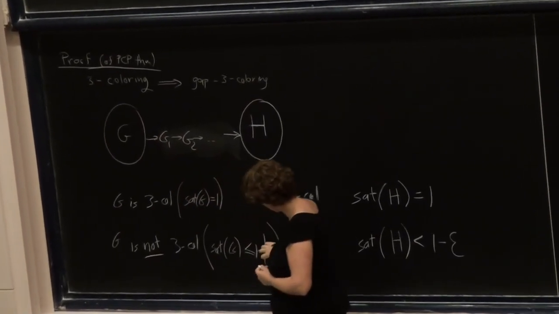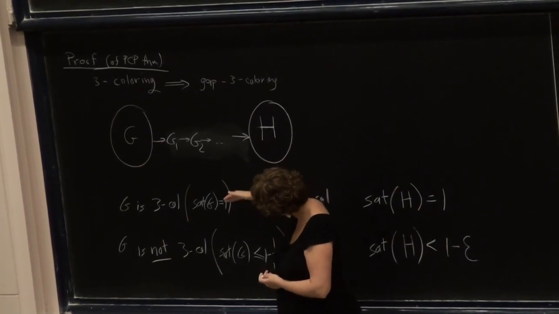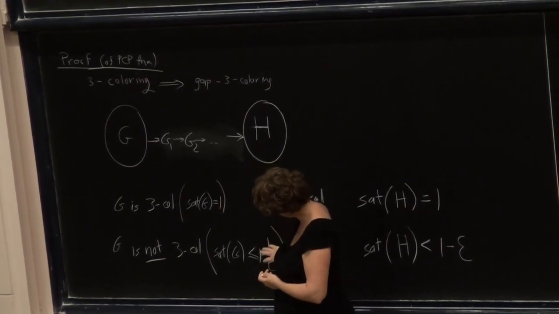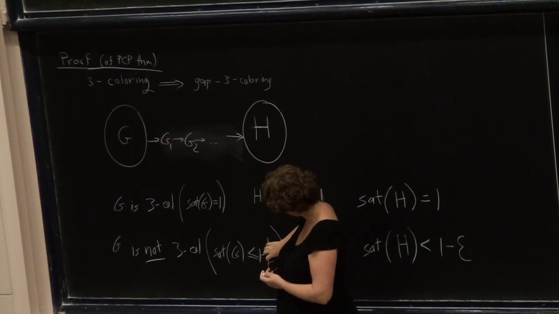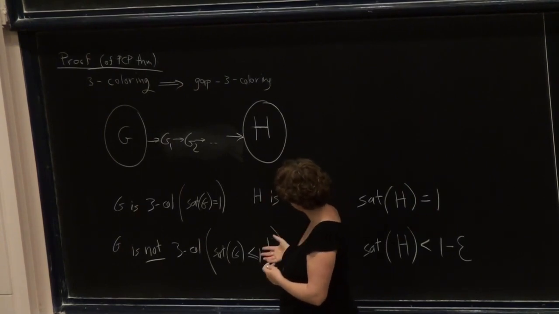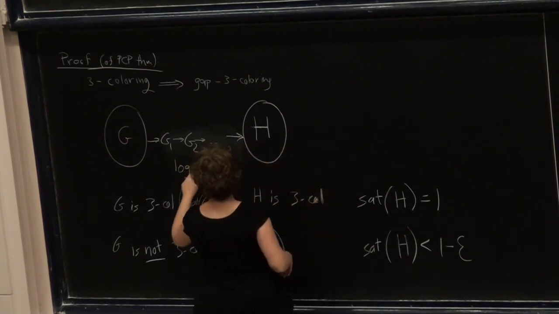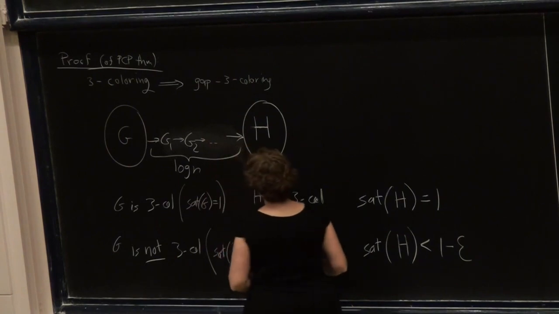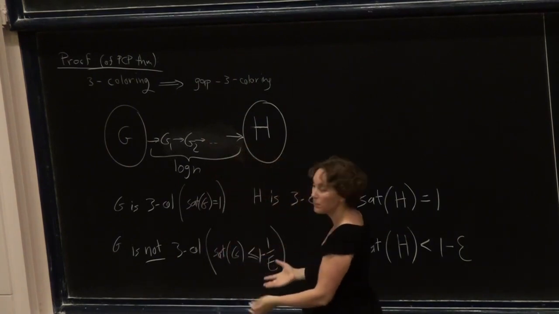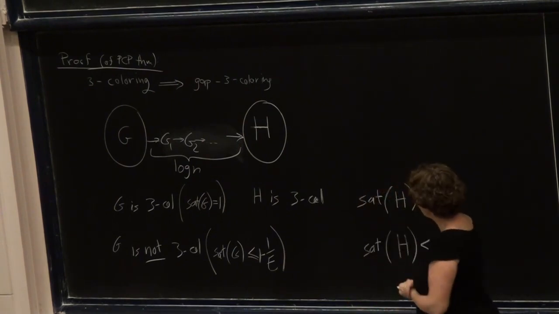If we start with a gap, let's think of it as the difference between this value and that value, this is 1 over E. After one time, it will be 2 over E. After again, it will be 4 over E. We double it, so after you do it log n times, the gap becomes a constant. This will be the approach.